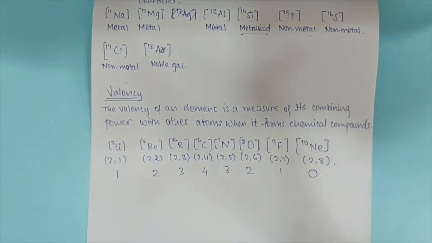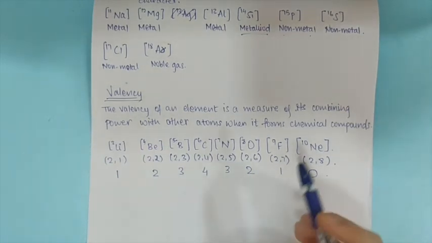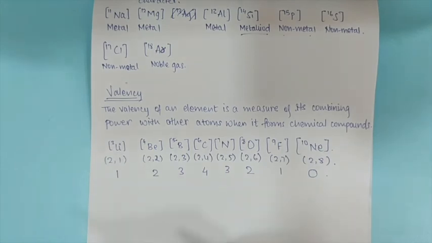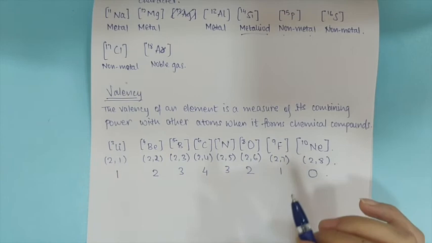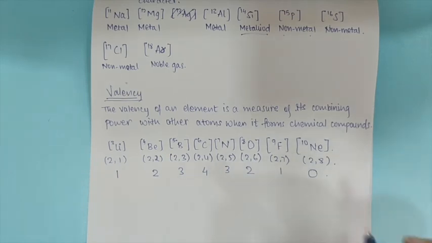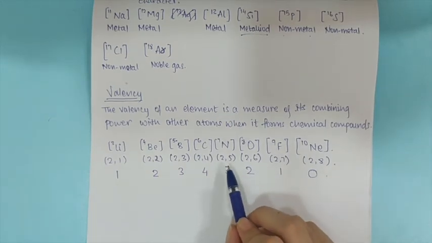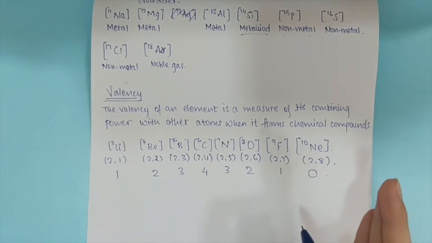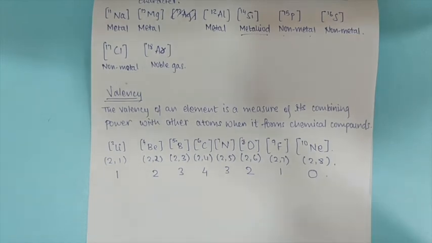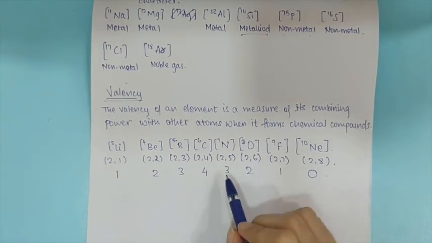Coming to carbon, it can either lose 4 electrons or gain 4 electrons to attain stability. And when we come to neon, the valency of neon is 3. Why? Because instead of losing 5 electrons, it is better that it gains 3 more electrons so that the outermost shell has 8 electrons, and therefore it can attain stability. And thus its valency is 3.